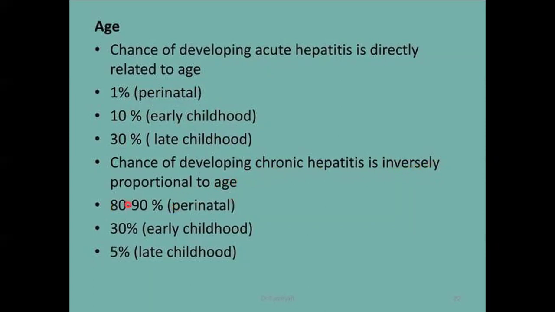Perinatal, 80 to 90%, early childhood, 30%, late childhood, 5%. So a very small child is more likely to develop chronic hepatitis compared to acute hepatitis. And hepatitis B is a very serious disease. If you come to your clinical years, you're going to see how much it affects people. It may even progress to hepatocellular carcinoma, which basically means liver cancer, okay?